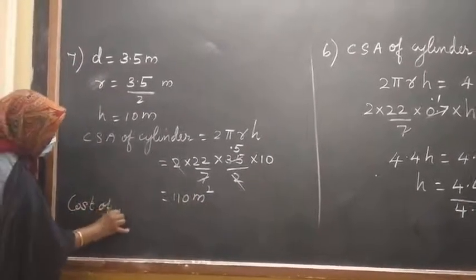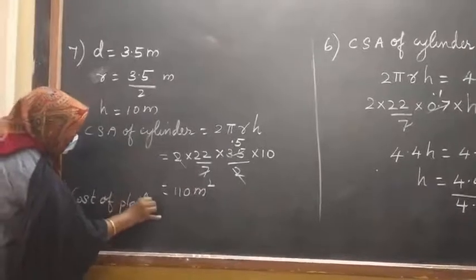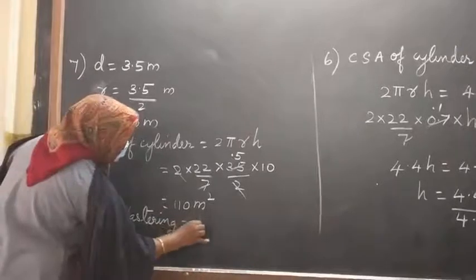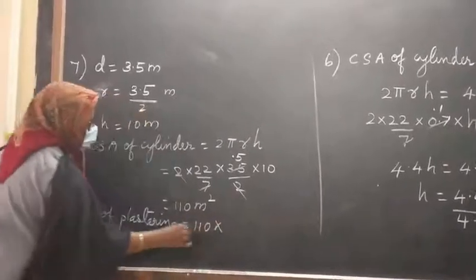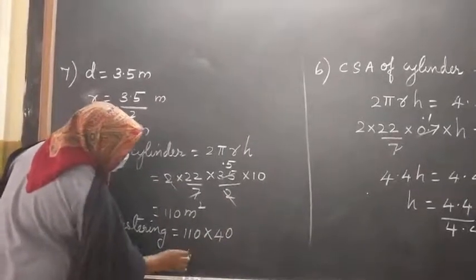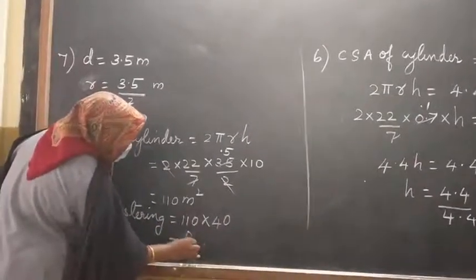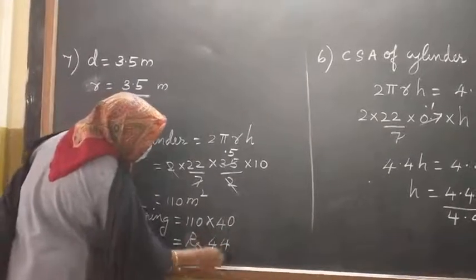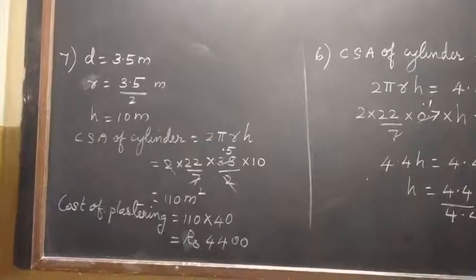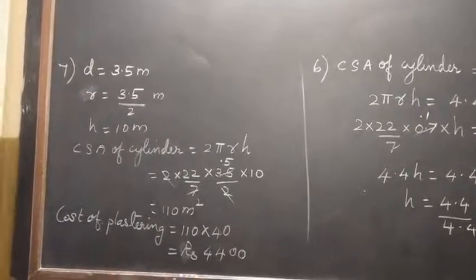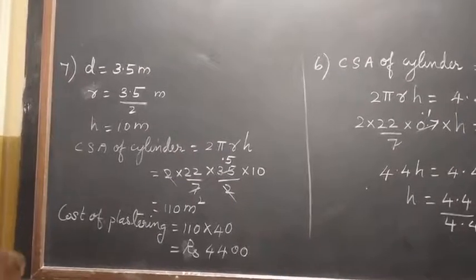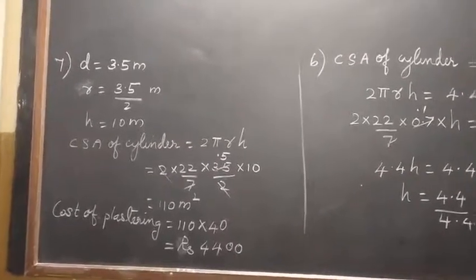The cost of plastering is 110 multiplied by 40, that is 4,400 rupees.